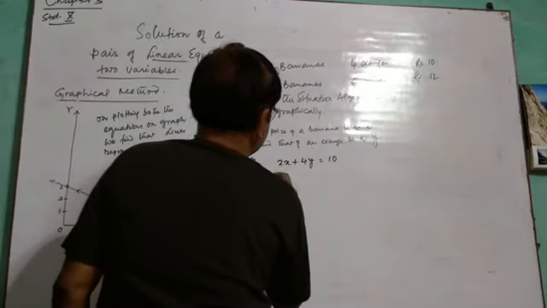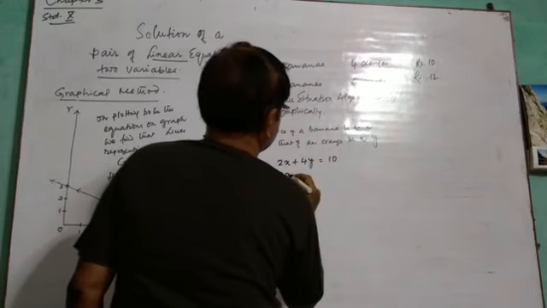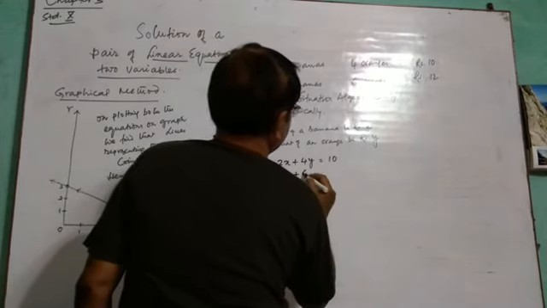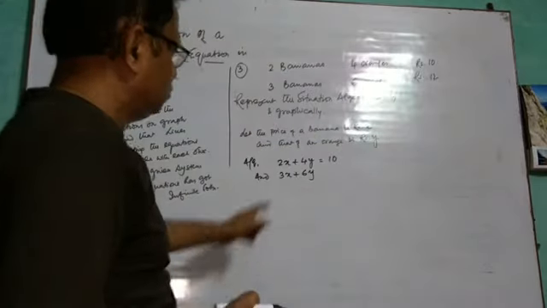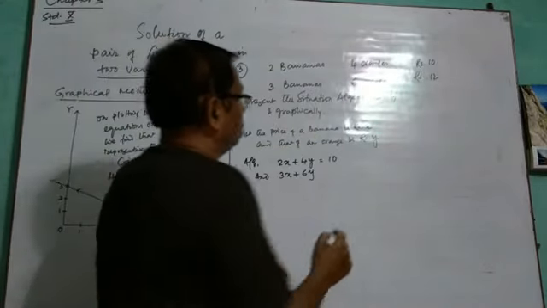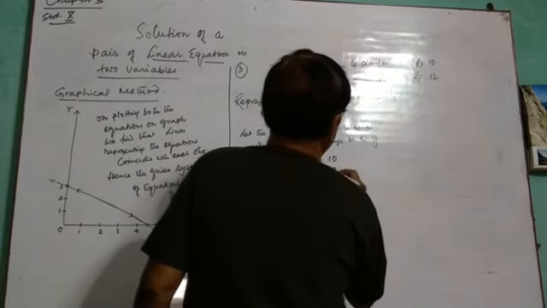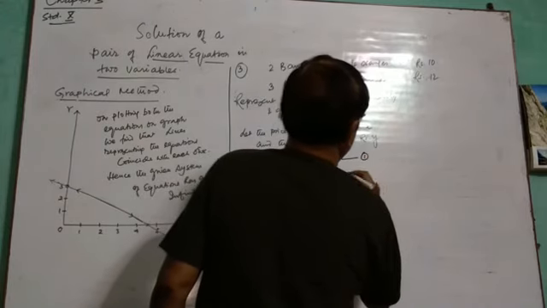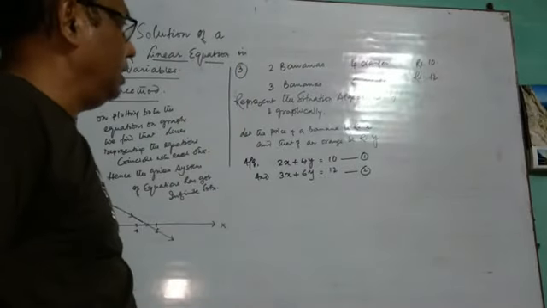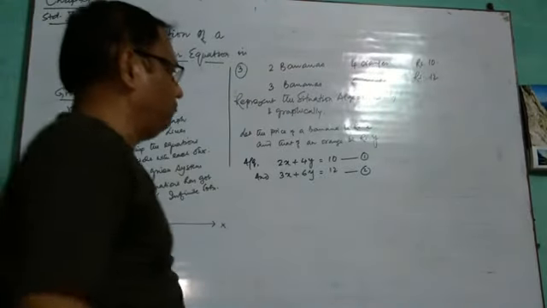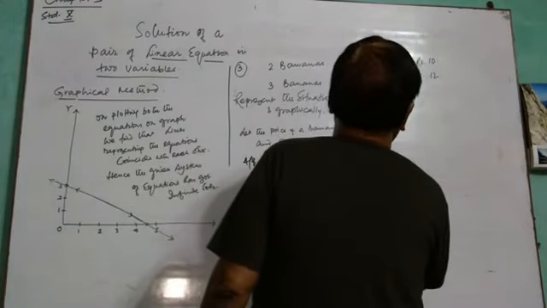And the second condition, 3 bananas and 6 oranges, 3x plus 6y is equal to 12. This is your equation number 1. This one is your equation number 2. Now we will have to plot it on the graph. Same method we will adopt.